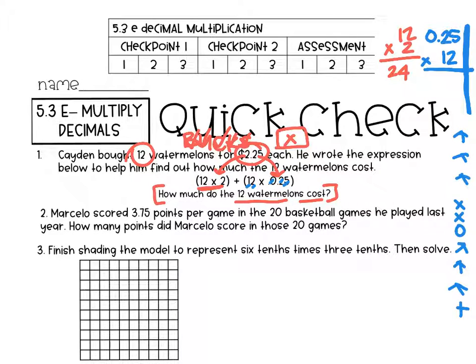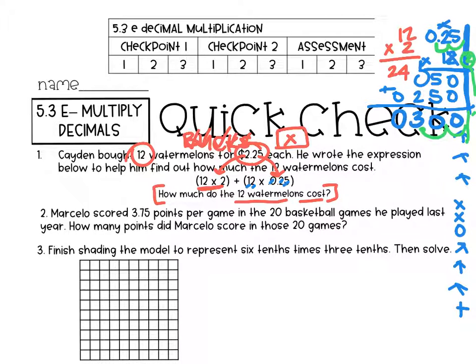So 5 times 2 is 10, carry the 1, 2 times 2 is 4, plus 1 is 5, 2 times 0 is 0, X, X, O. 1 times 5 is 5, 1 times 2 is 2, 1 times 0 is 0. Let's add that up. We get 0, 0, 1, 3, 0. So I'm going to go up here, count my eggs. So I've got 1, 2. Now the whole number 12 doesn't have any eggs, so I'm just going to bring my 2 down here, and I'm going to count 1, 2.